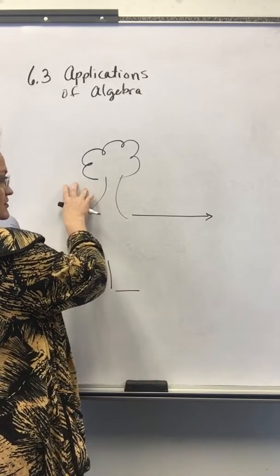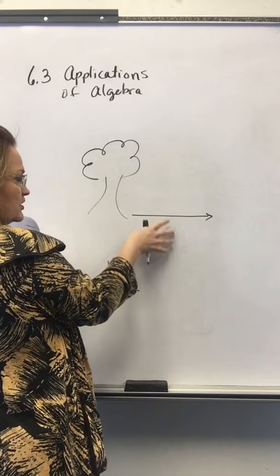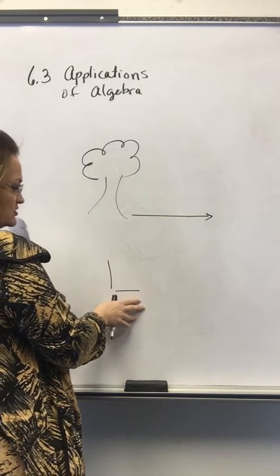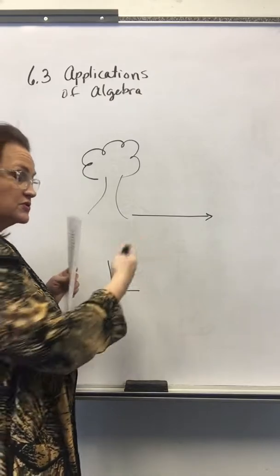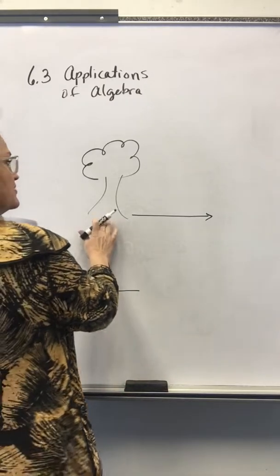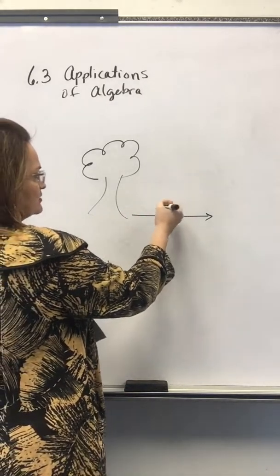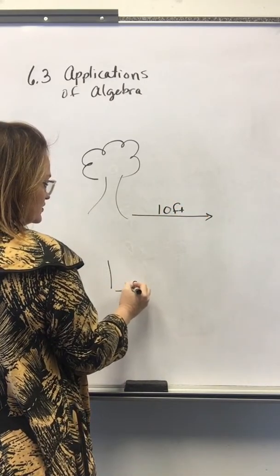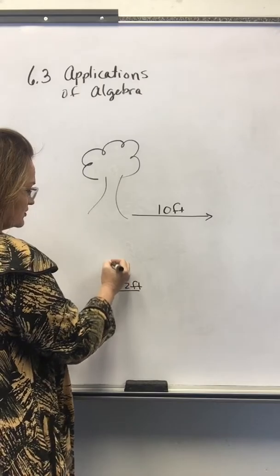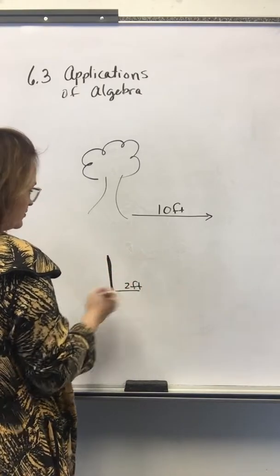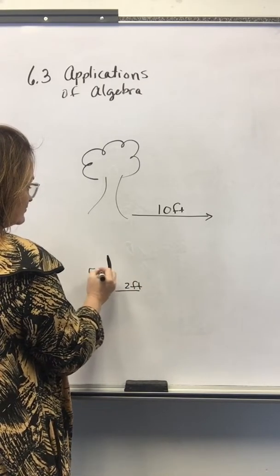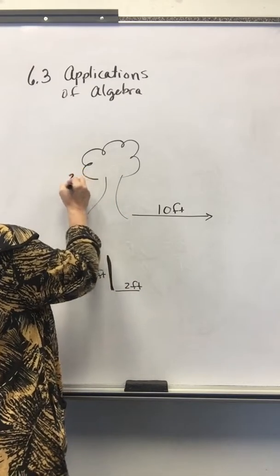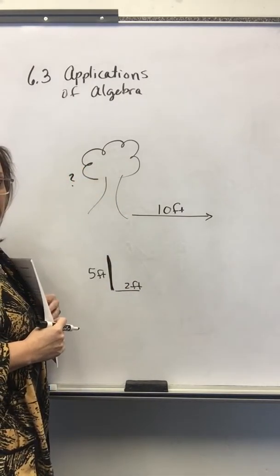The actual object, here that object, the tree, to the shadow, and then this object to the shadow, those two things should be proportional when we use this strategy. So say we knew this shadow was 10 foot long, and this shadow's 2 foot long. We could measure how tall this object was, say a stick in the ground or something. Say it's 5 foot. Again, we've measured at the same time of the day. We could then estimate the height of that tree.